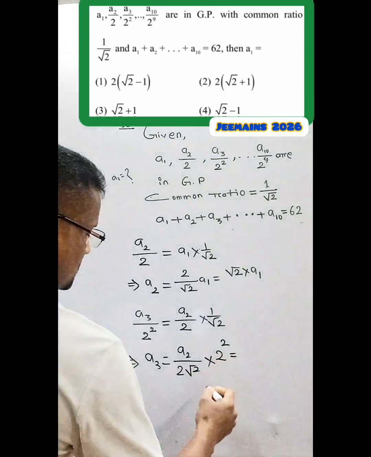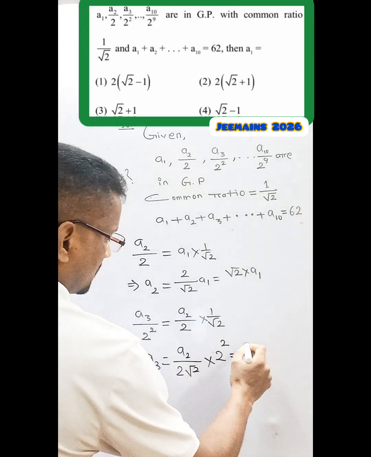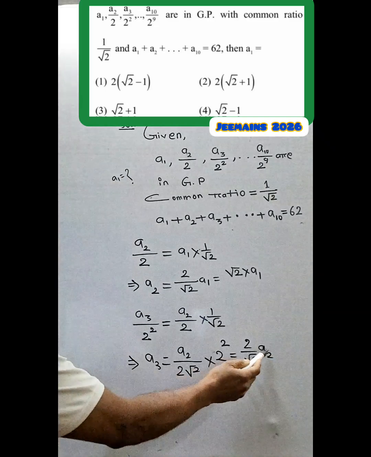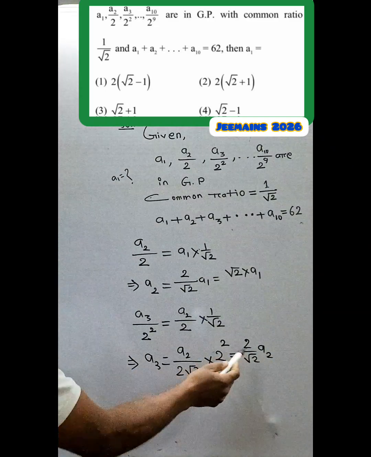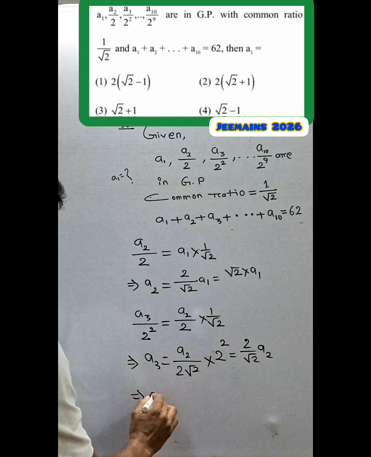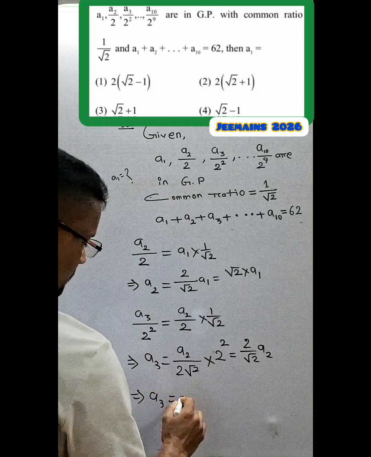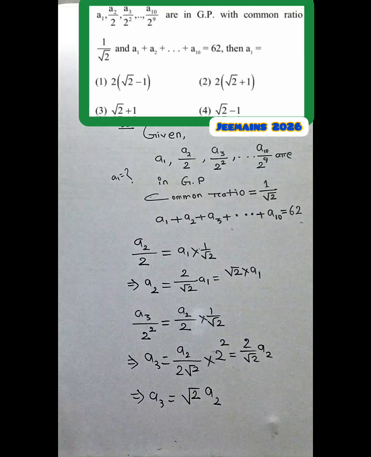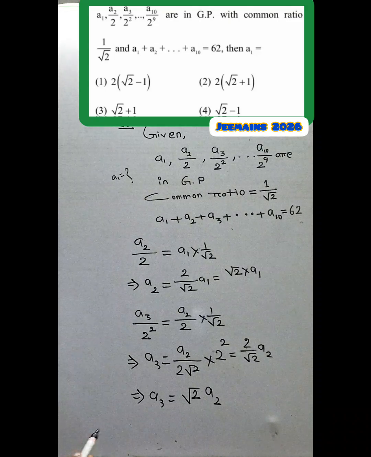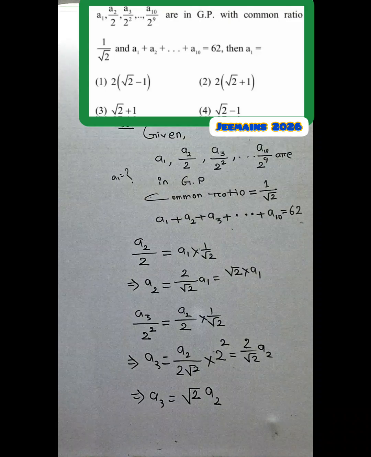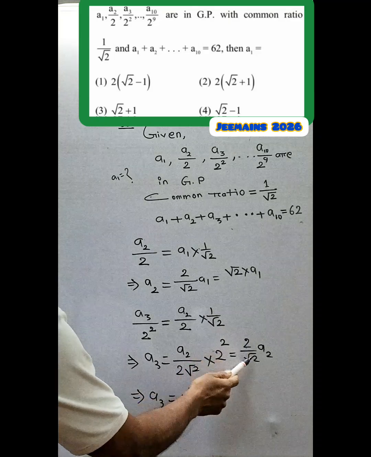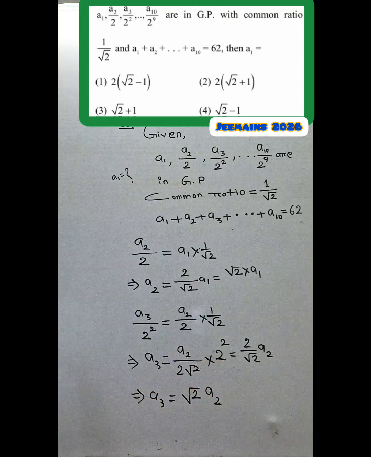If you simplify this, it will be 2 by root 2 into A2. So this is the value of A3. Now we can write it this way: A3 equals root 2 times A2, because here 2 means root 2 into root 2, one factor cancels out, that's why root 2 times A2.